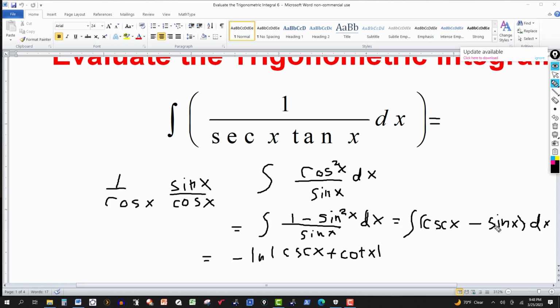And then here the antiderivative, or the integral of sine x, is minus cosine of x. And then I have a negative there, so that makes it a plus. Then I have the constant of integration. So this is the solution for this one: a negative natural log of absolute value of cosecant of x plus cotangent of x, plus cosine of x, plus your constant.